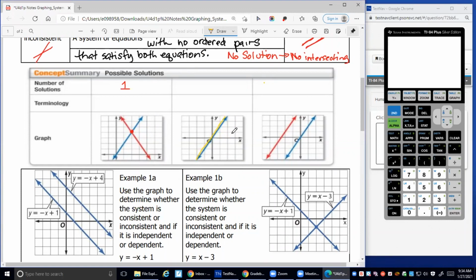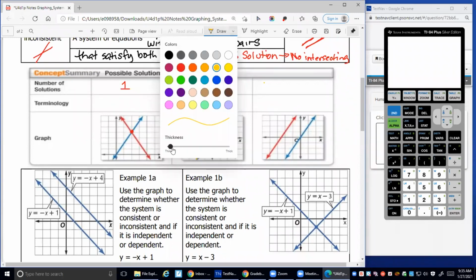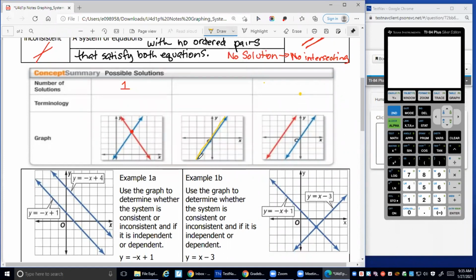Go ahead in the chat, tell me, how many solutions do you think we have? Remember, they're right on top of one another. I'm going to try and make it a little bit bigger there. How many solutions do you think there are if it's one line right on top of the other?